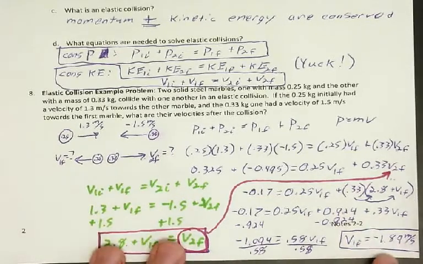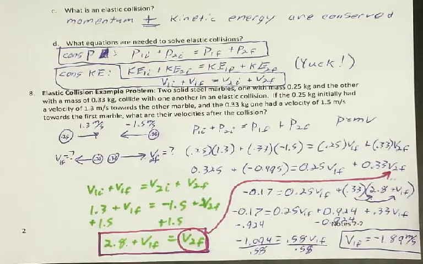Now, we're not done yet. It's easy to finish. We found V1 final. We need to know V2 final. Oh, look. V1 final plus 2.8 is what V2 final is.